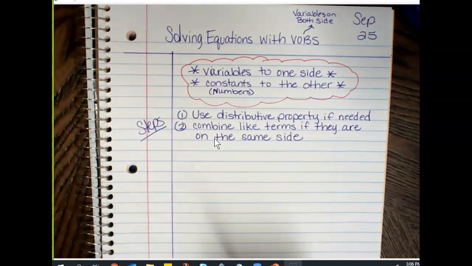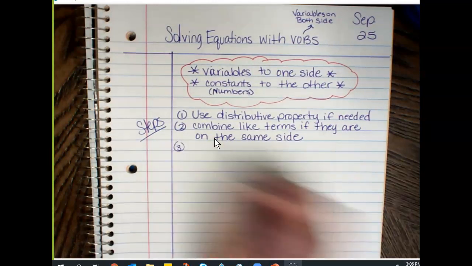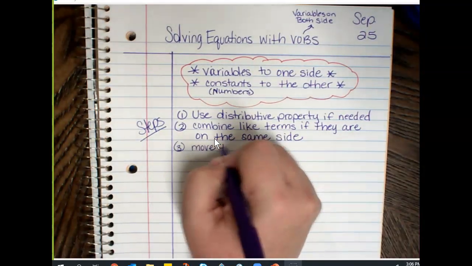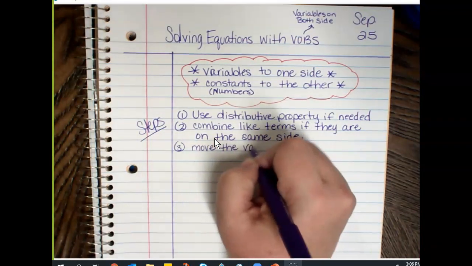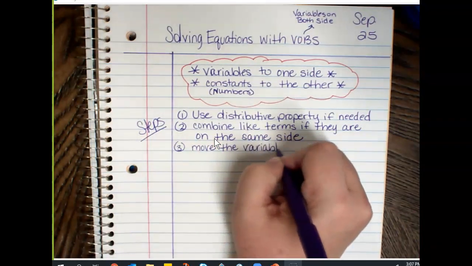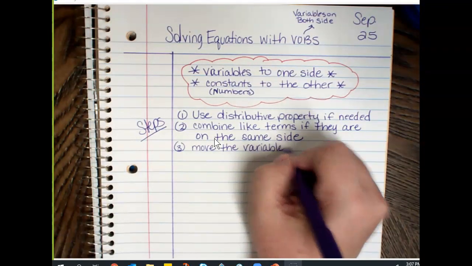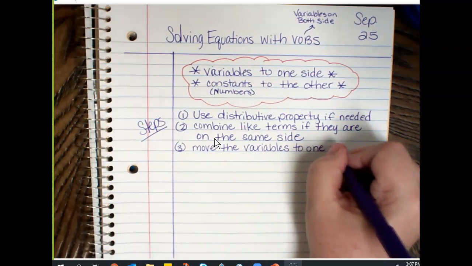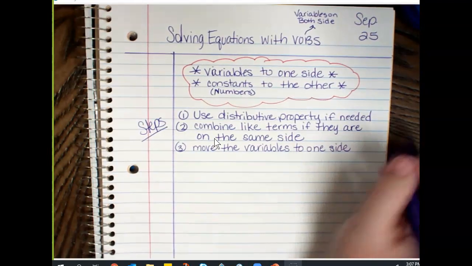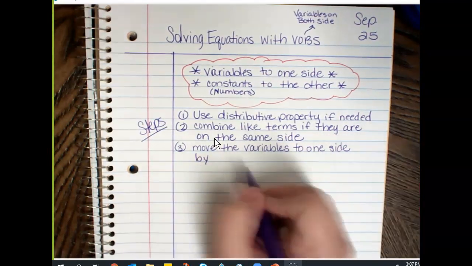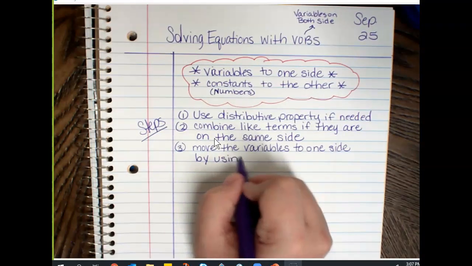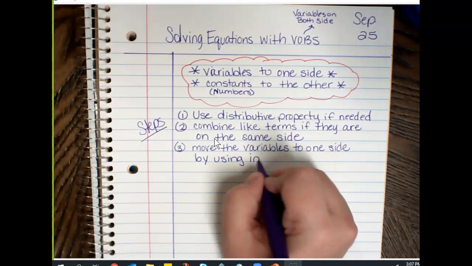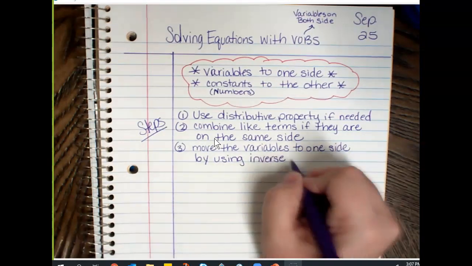Step 3. We're going to move the variable to one side, and we're going to do that by using inverse operations. So move the variable to one side by using inverse operations.